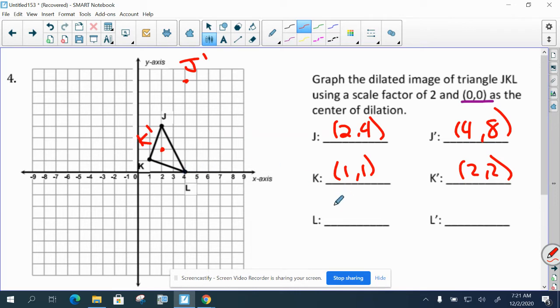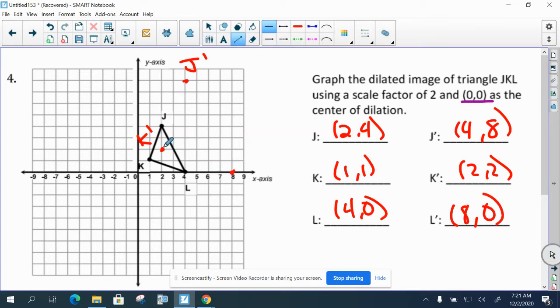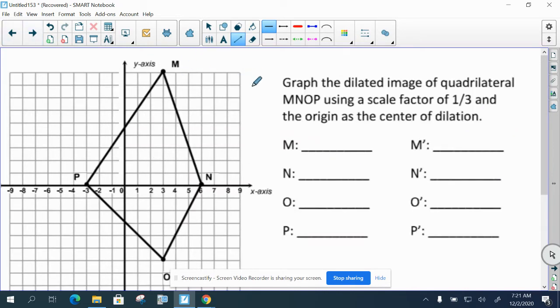L is (4, 0). So L' is going to be (8, 0). And then you would draw your triangle. All right, so really it doesn't get too much harder than that. Okay, that's what you need to know. But we'll do a few more examples anyways.